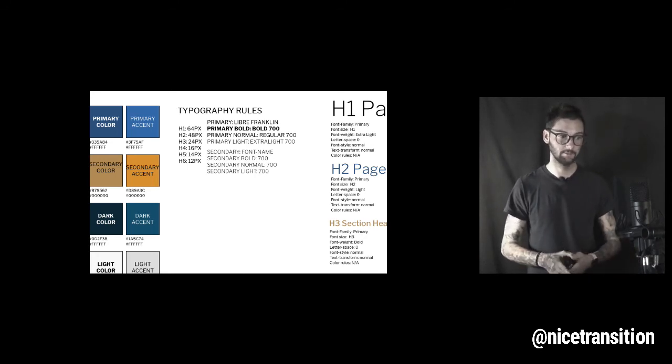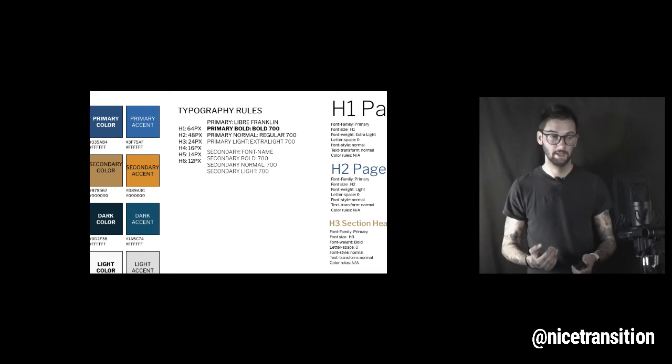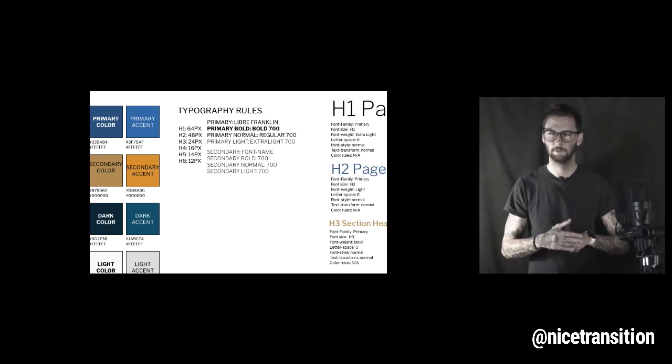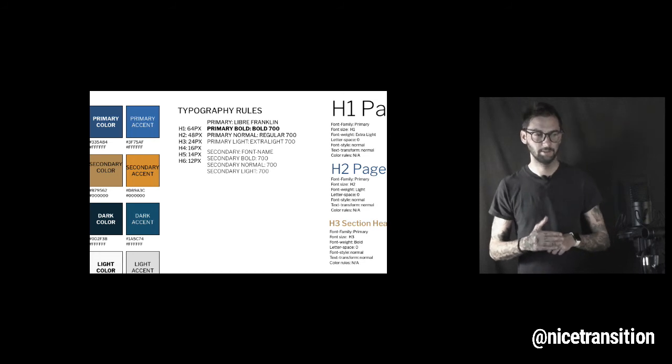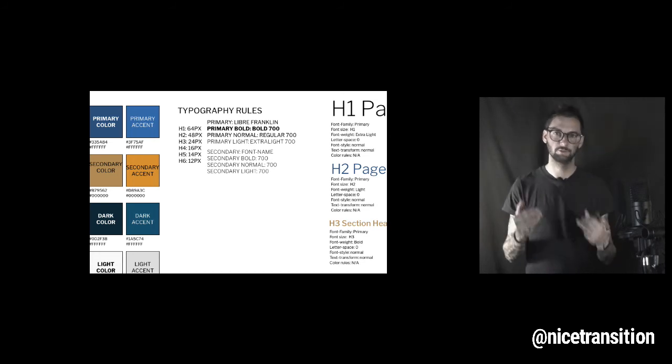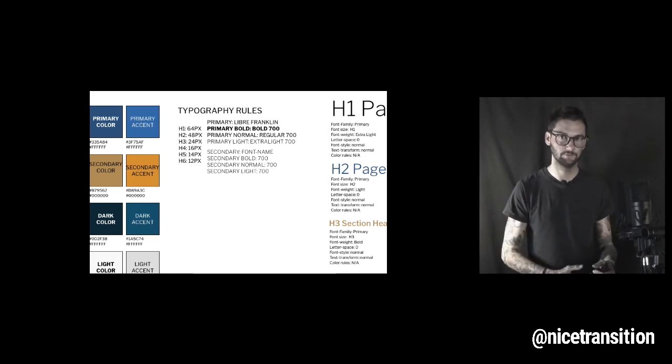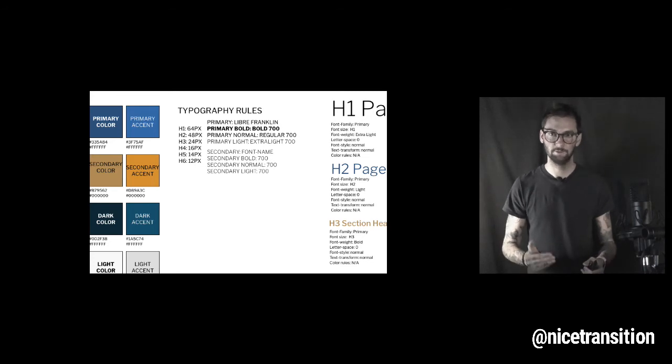The other thing is we identify the H1s through H6s. And this is part of a methodology that I wrote that's called object-oriented typography that's also on my CodePen. I also did a video about this about 2 years ago. But it's this idea of saying H1 is your largest font size and H6 is your smallest font size. So in the interface, you should only have really 6 different sizes.